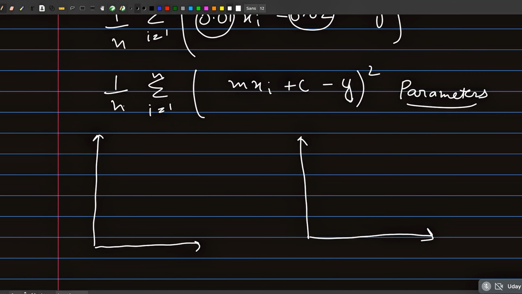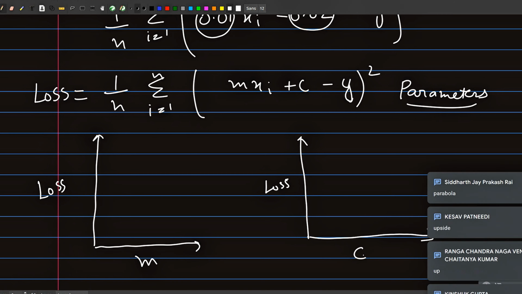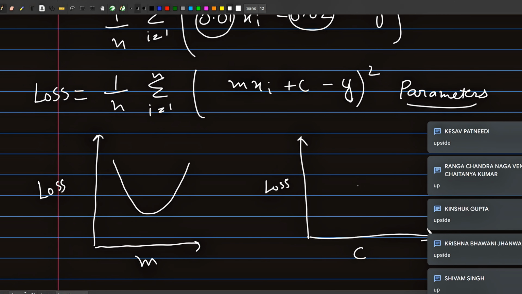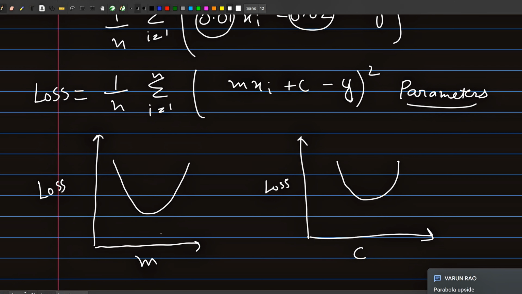So now this was our loss. Okay, so let's say I am computing the plot between loss and m, and another plot between loss and c. I will make two graphs. It will look something like this. Consider that this loss value is based on some m and c value.